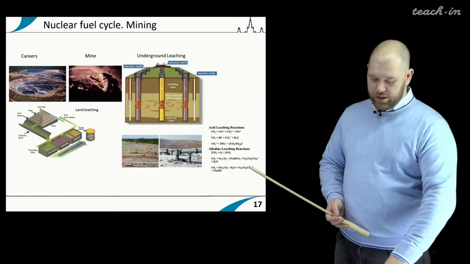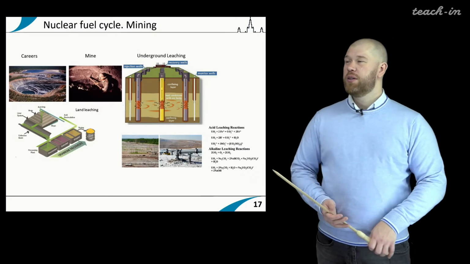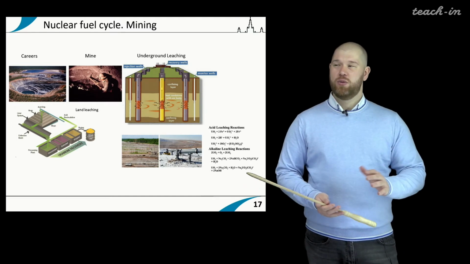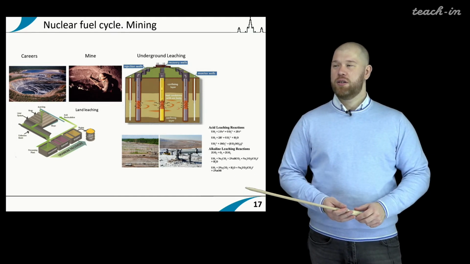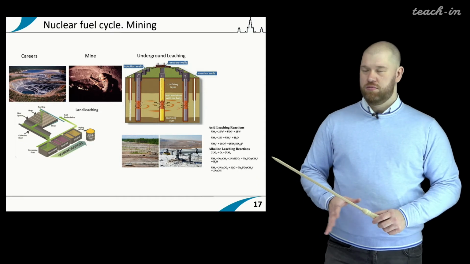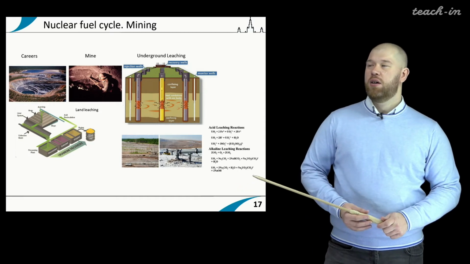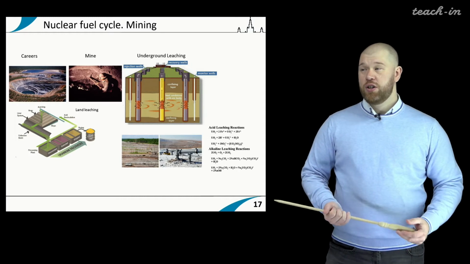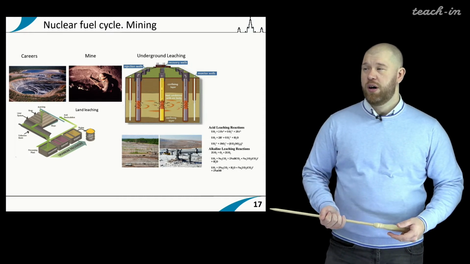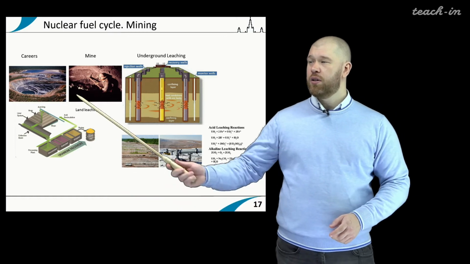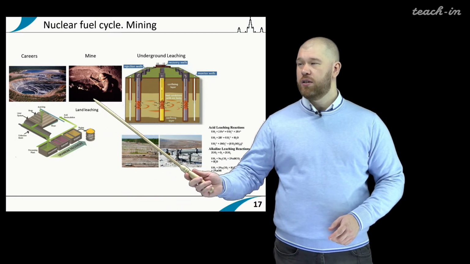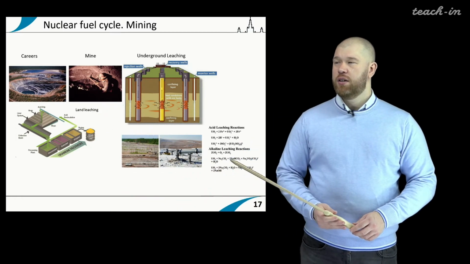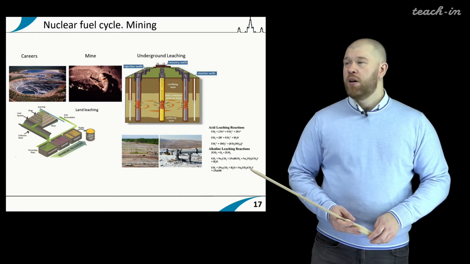So we will start with, again, the basics of the nuclear fuel cycle since the very beginning. Mining of uranium ore. There are three general types of mining. It's open careers, it's mines, and it is underground leaching.